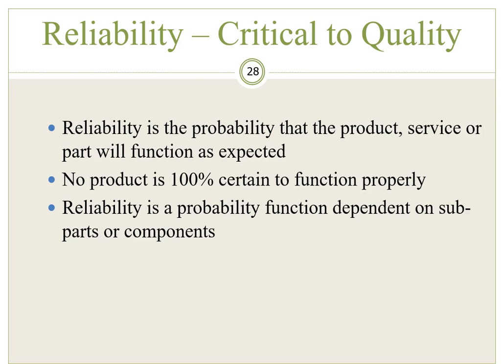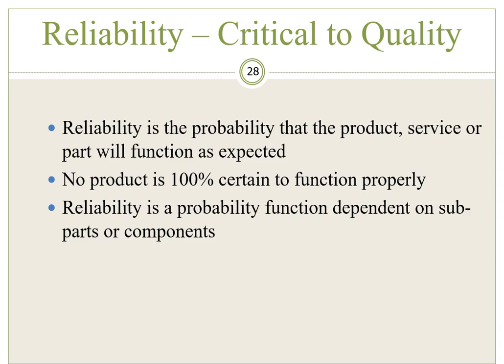So now, reliability is very critical to quality. Very critical, because if your product or your service is not reliable, then you lose customer interest rather quickly. So reliability is an important dimension of product design and function, right?